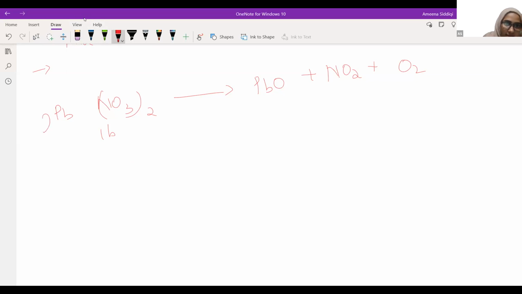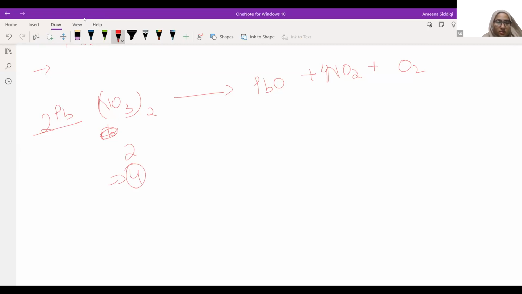N is already 2, multiplied by 2 gives you 4, right? Oh, the 2 is for NO3 whole. Yeah, so the nitrogens plus this 2 will give you 4 nitrogens, right? But very well done.